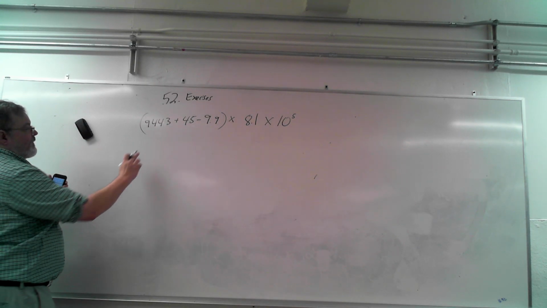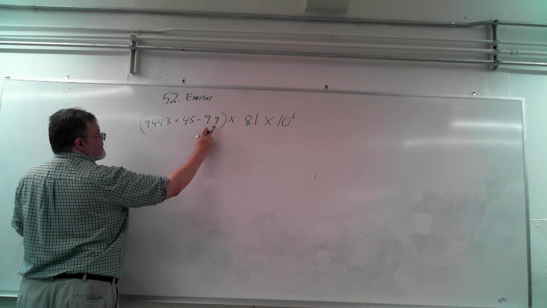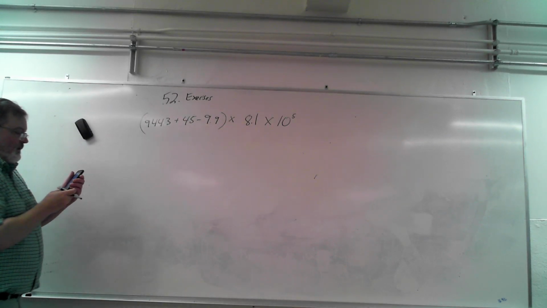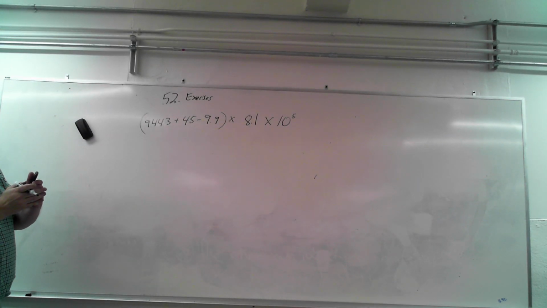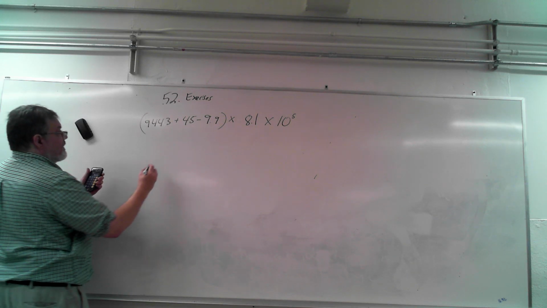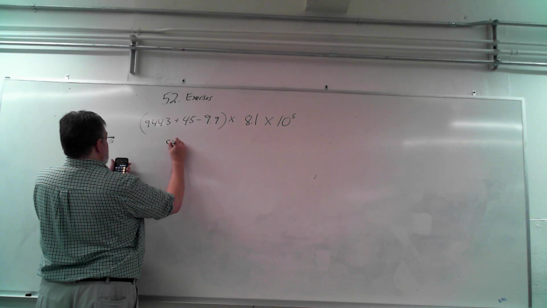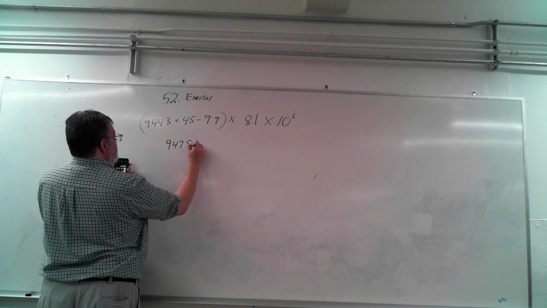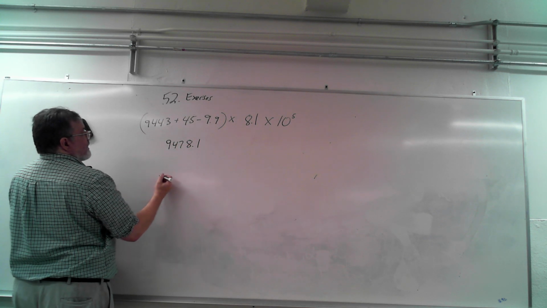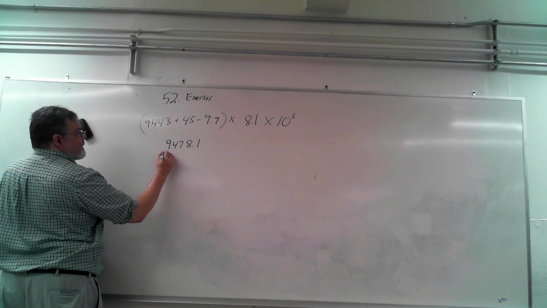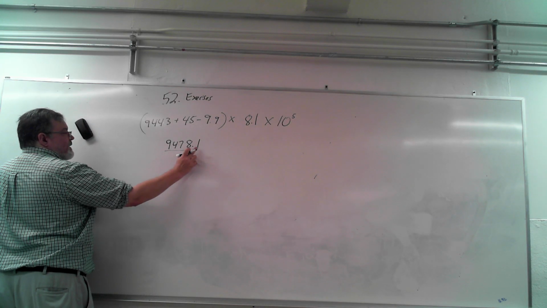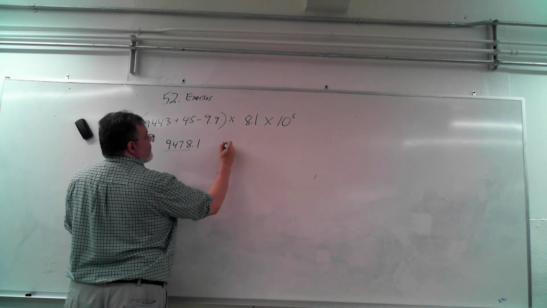Okay, nothing after the decimal, nothing after the decimal, 1 after the decimal. 9443 plus 45 minus 9.9. Okay. Those are the significant digits, and I'm still going to keep that 1.